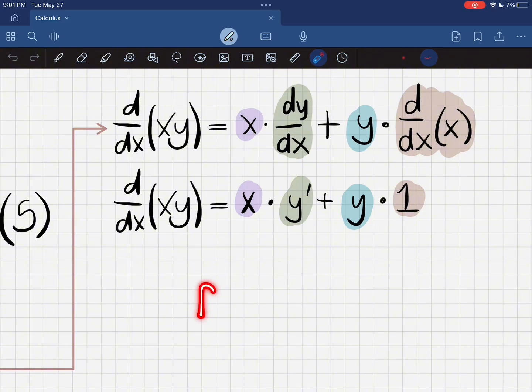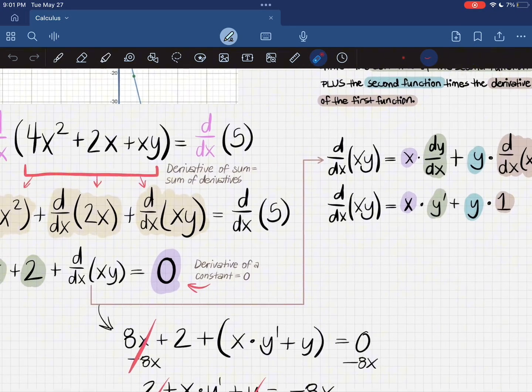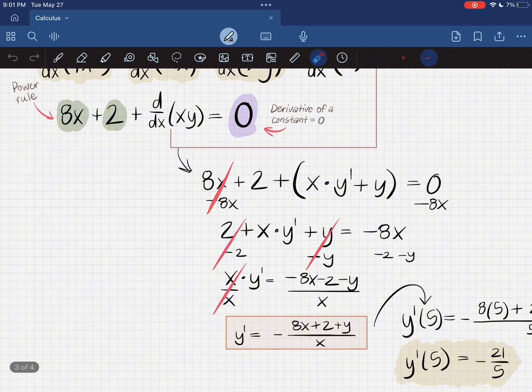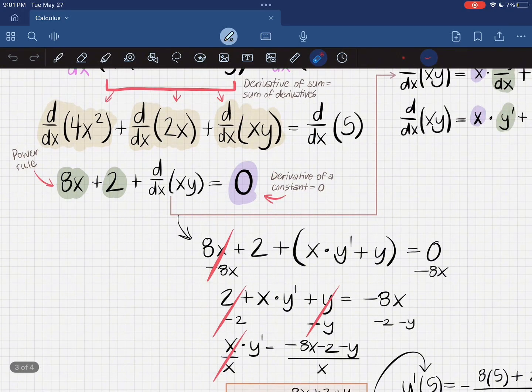Because if we have this function f of x equals x, that's a straight line, so the slope of the tangent line is always just 1. Okay, going back to our original equation, we can simplify the derivative with respect to x of 5 to 0, because once again, the derivative of a constant is always 0.